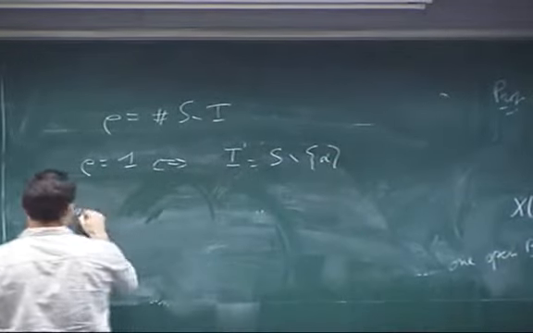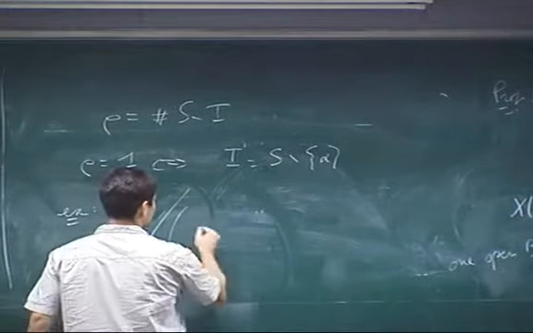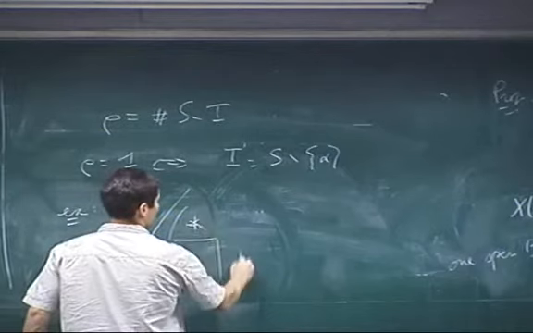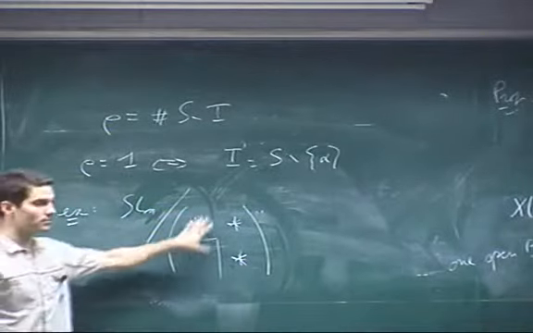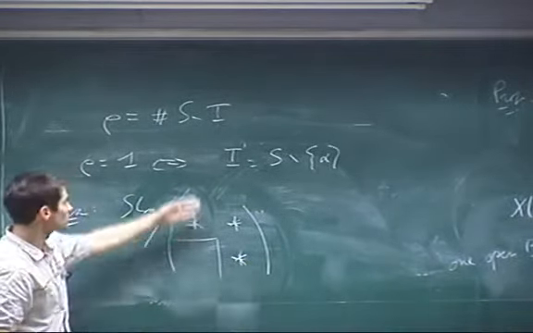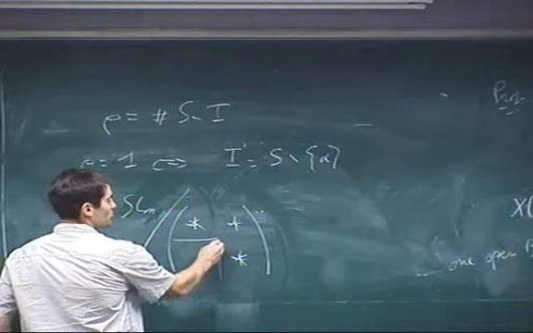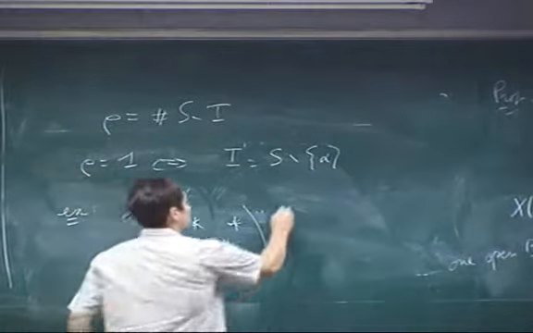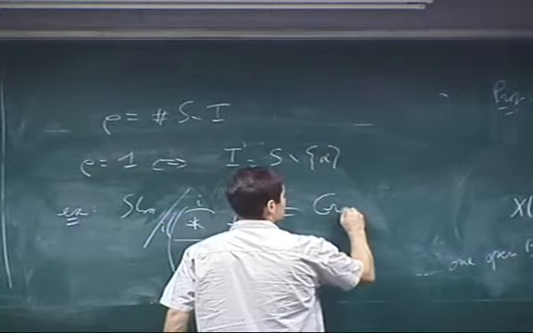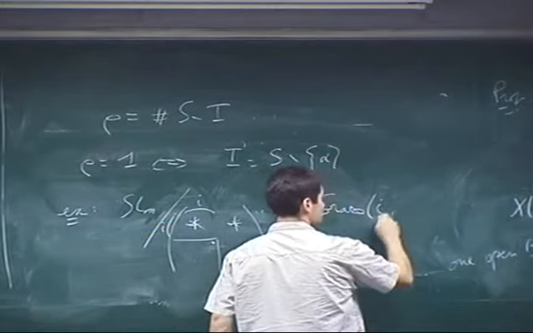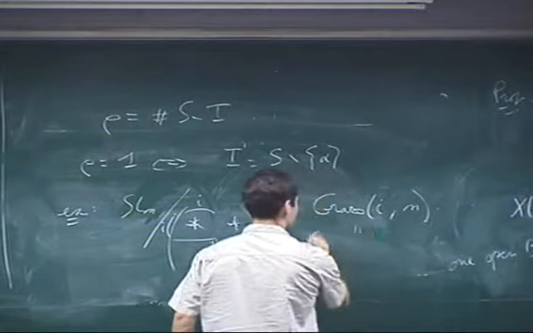And for example, take SLn, and we quotient by a parabolic with only two blocks on the diagonal, because S minus I is of cardinality 1. And this is the Grassmannian. So if we have dimension i here and n minus i here, it is the Grassmannian of i-dimensional subspaces in Cn.